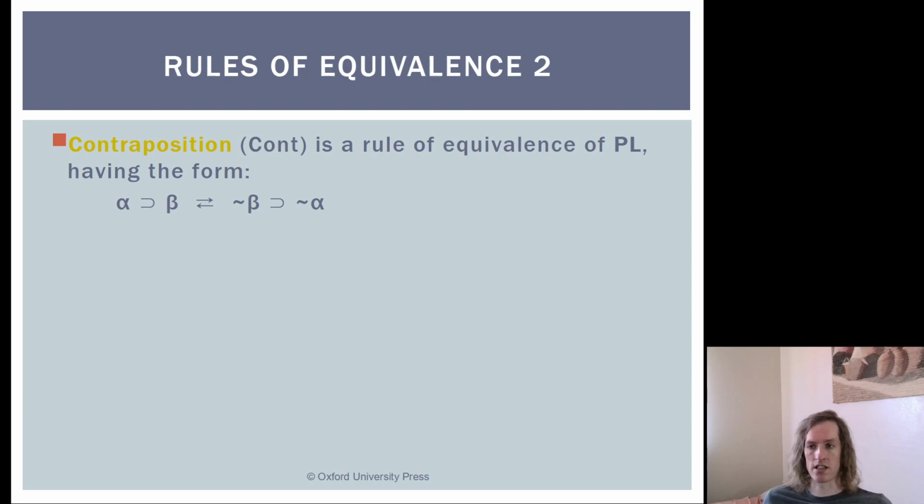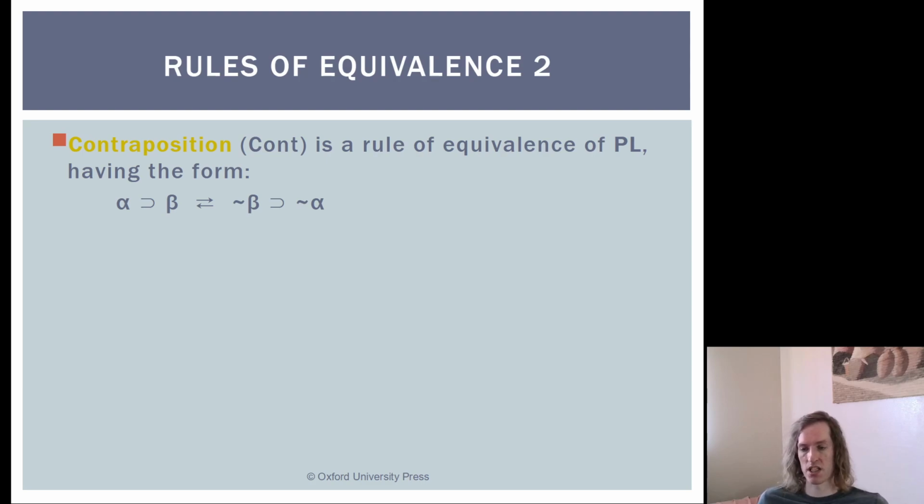That's essentially saying the same thing here: if it's true that if alpha then beta, then it's also true that if it's not the case that beta, then it's not the case that alpha. Because we know that if there was an alpha, then there would have to be a beta. So if there's no beta, then we can know that there's no alpha.